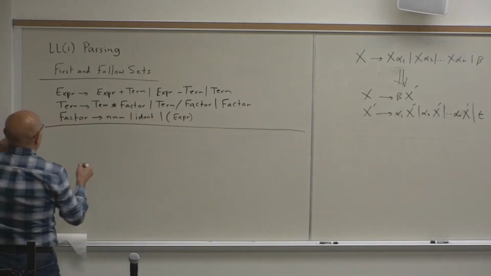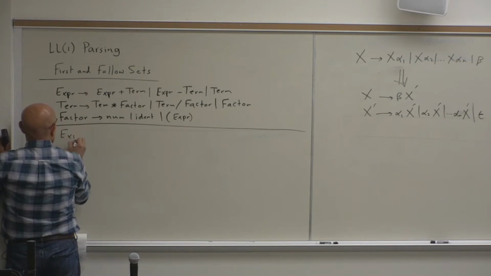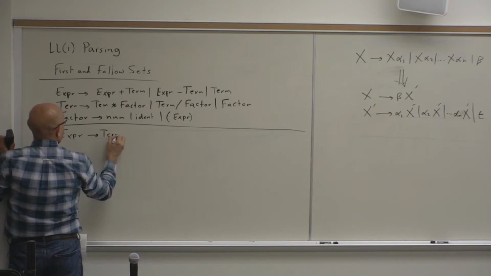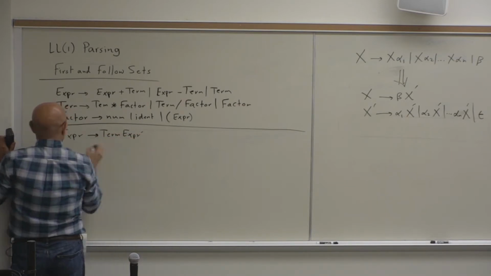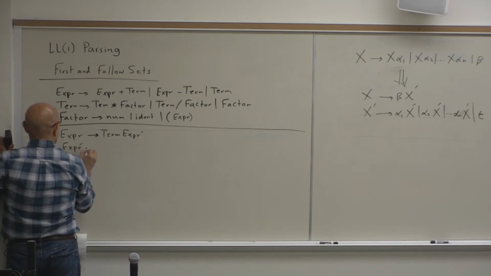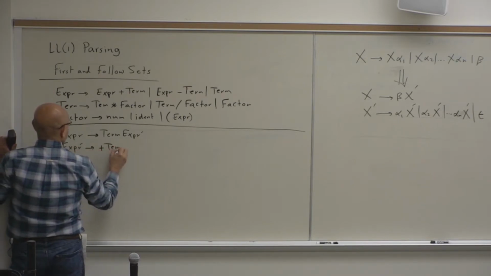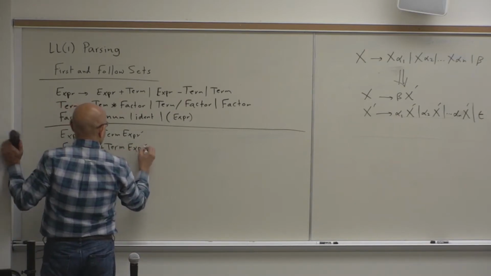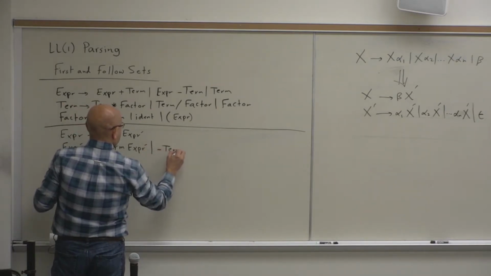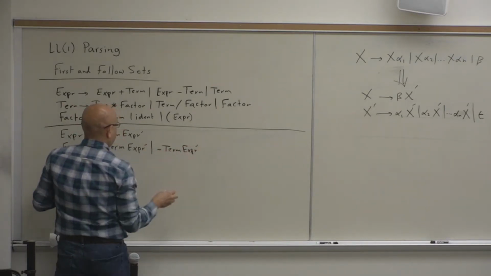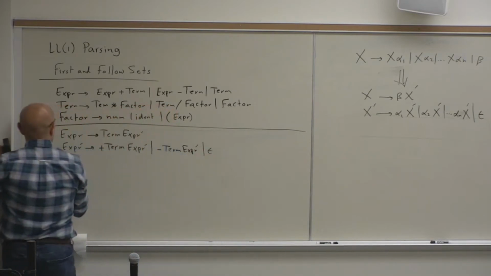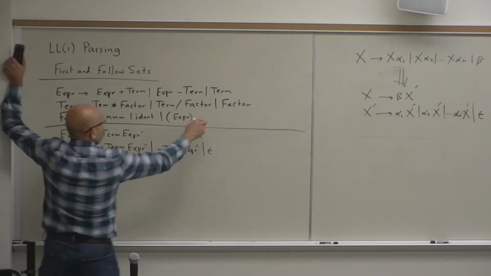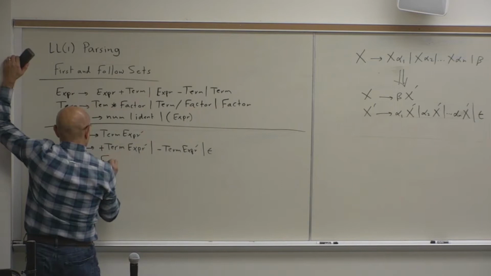Okay, so now in this case, we did this last time, so expression is going to be term expression prime, because term is the beta, where expression prime is plus term expression prime, or minus term expression prime, or epsilon. And term is what? Factor term prime. Factor is the beta.